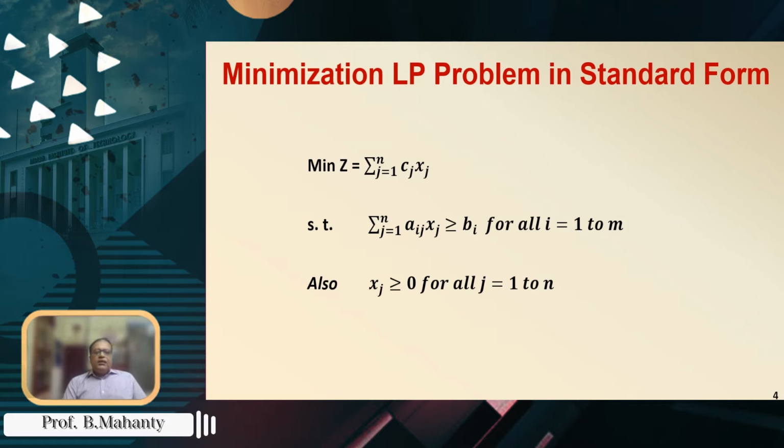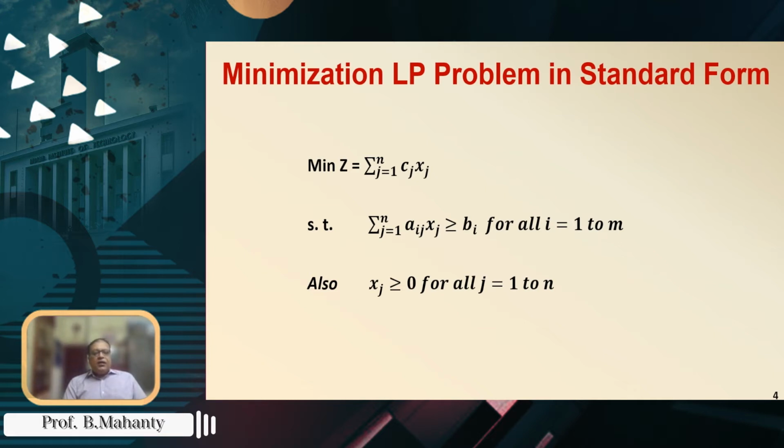So usually in minimization, let us say Cj is a cost parameter, so total cost we are trying to minimize, whereas different operations must maintain a certain level, right? That certain level is represented by the B matrix. So B1, B2, B3 up to Bm.